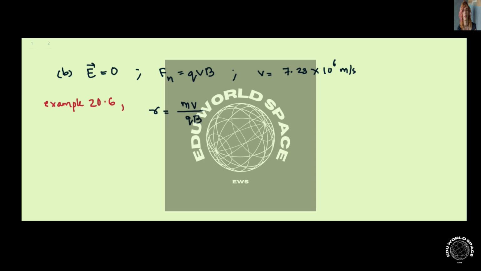And this gives, so the mass of the electron is 9.11 times 10 to the power minus 31 kg. Velocity is 7.23 times 10 to the power 6 meter per second.